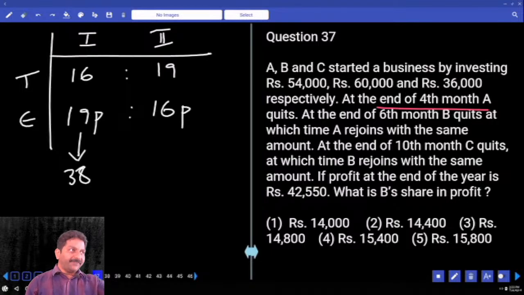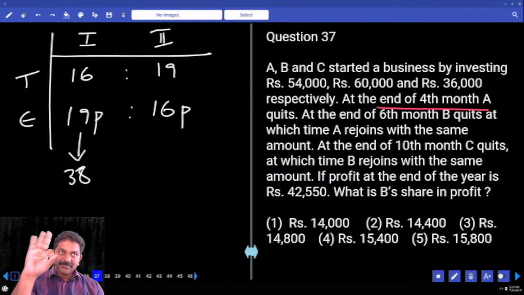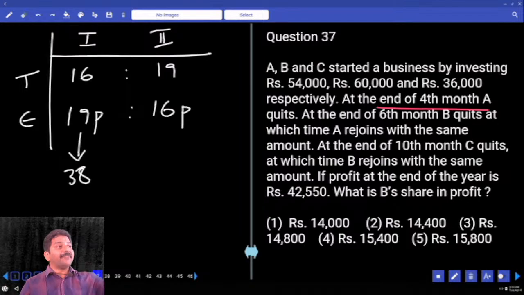Beginning of the 4th month, if he quits, he is there only for 3 months. And then in the next month, very beginning, he left. So he is there only for 3 months. If he quits at the end of the 4th month, he is there for 4 months. So that information, you need to be careful about this.